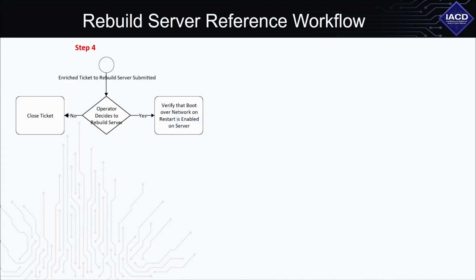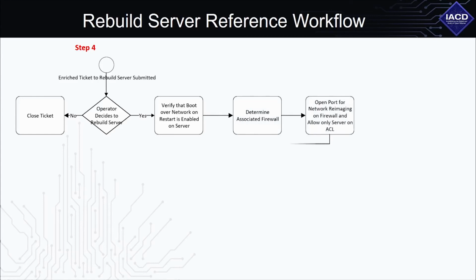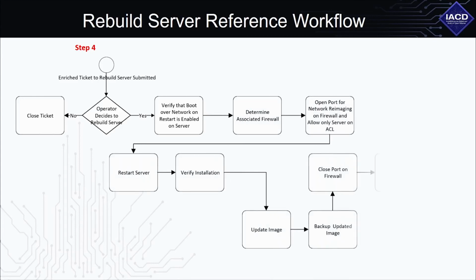From the playbook best practice to re-image the server over the network, we have the more detailed reference workflow process step to verify that a boot over the network on restart is enabled on the server. Similarly, from the playbook best practice to enable network connectivity for network re-imaging, we have the more detailed reference workflow process steps to determine the associated firewall, and then to open a port for network re-imaging on the firewall, and only allow the server access if it is on the Firewall Access Control List (ACL).